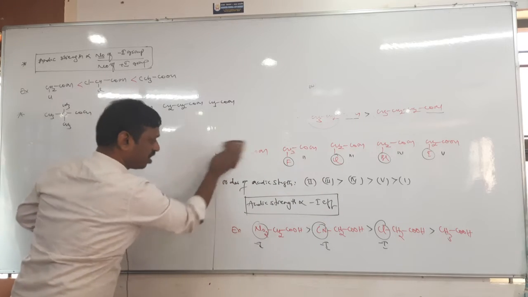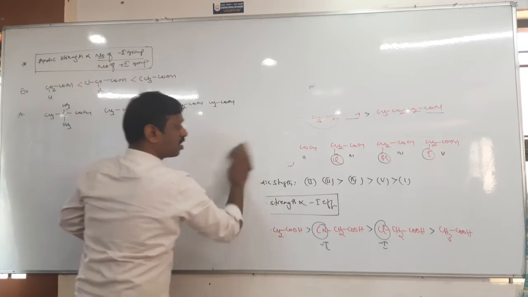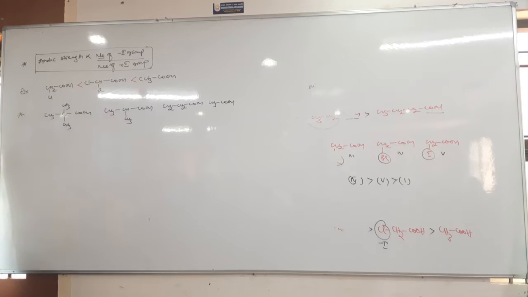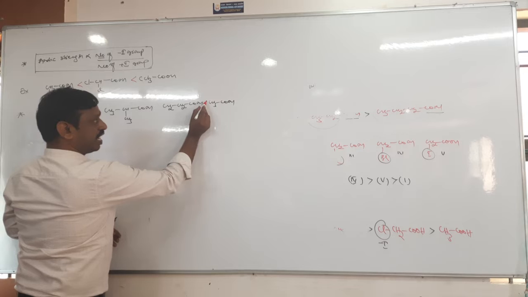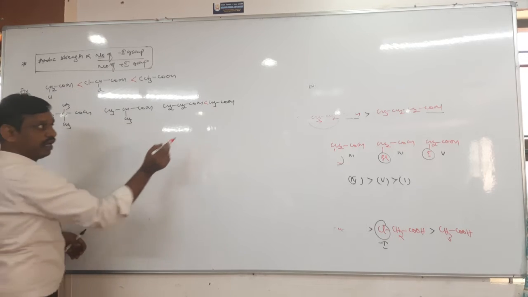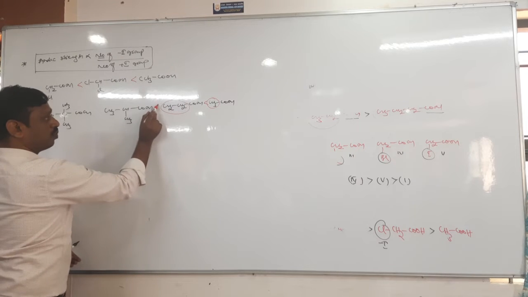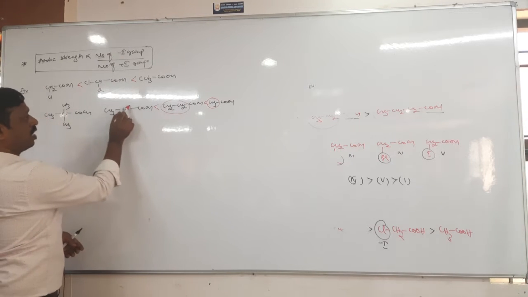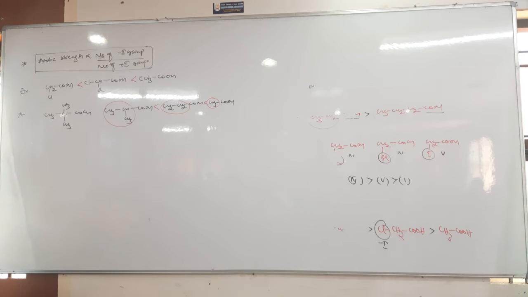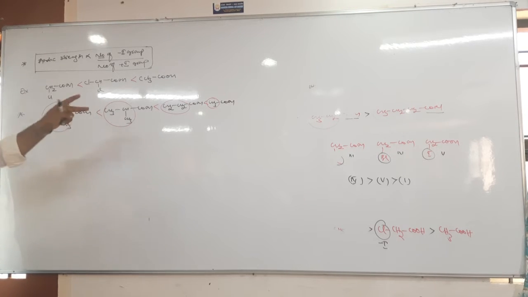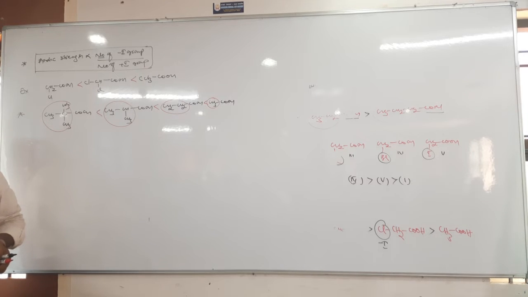As the plus I groups decrease, acidic strength increases, because acidic strength is inversely proportional to plus I groups. Therefore here acetic acid is more acidic, it has only a methyl group, a plus I group. Here is an ethyl group, a larger plus I group, it is a secondary propyl, right, it is a tertiary butyl, still a larger plus I group, more plus I effect. Therefore as the plus I effect decreases, acidic strength increases.